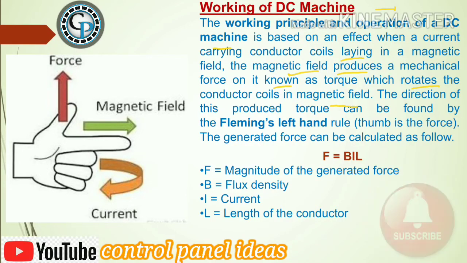The direction of this produced torque can be found by Fleming's left hand rule. Thumb is the force.